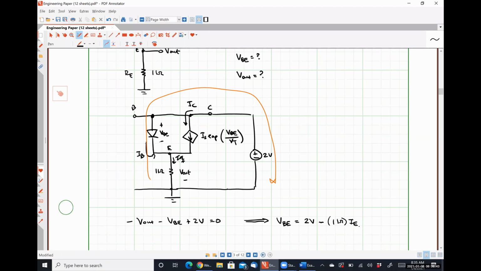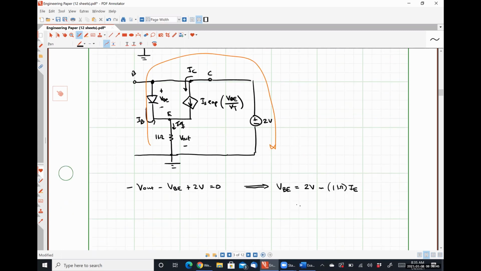Well, we know that IE is equal to 1 plus 1 over beta times IC. And on the left-hand side of this guy, we can write VBE in terms of IC.